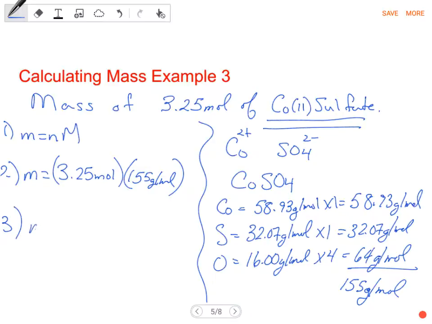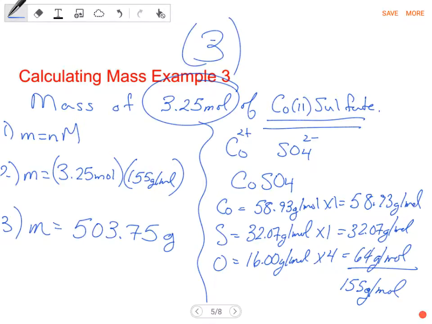Our final answer for mass is 503.75 grams. We have 3 significant digits, therefore our answer must have 3. 1, 2, 3. This one is going to round that up, so it's going to be 504 grams.